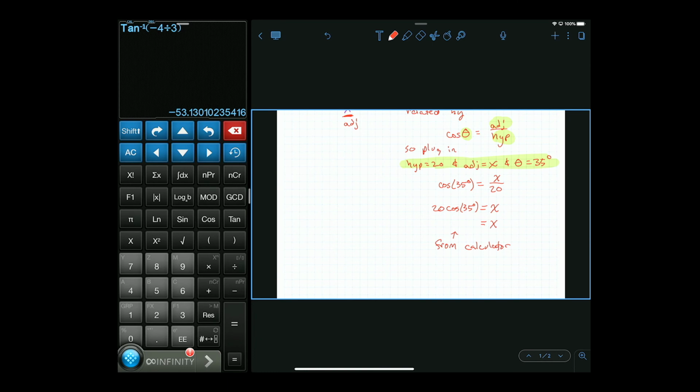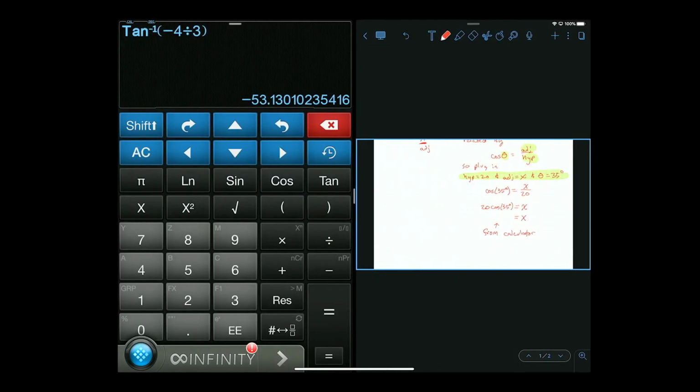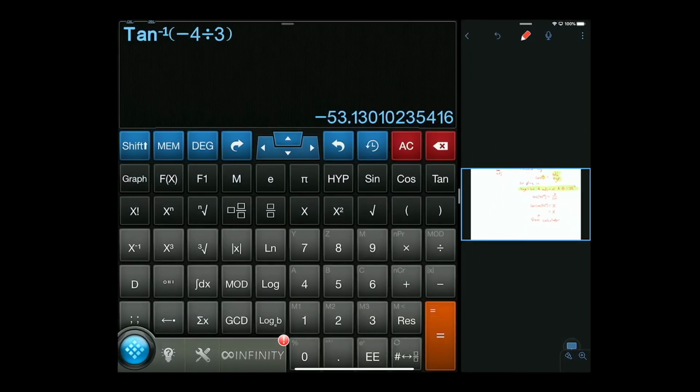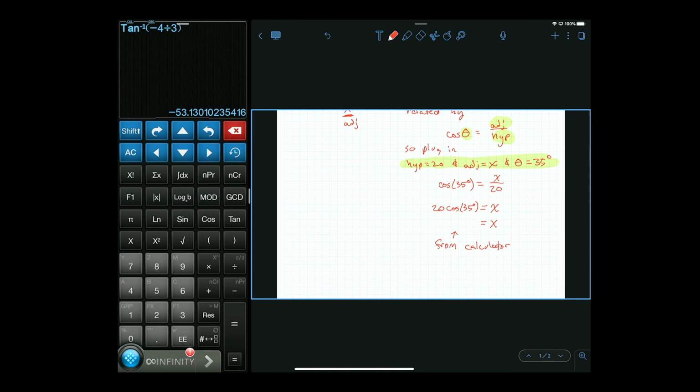I don't see the setting anymore because everything's in a different place. Okay, we are in degree mode.